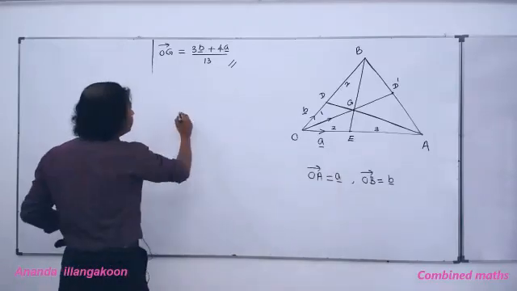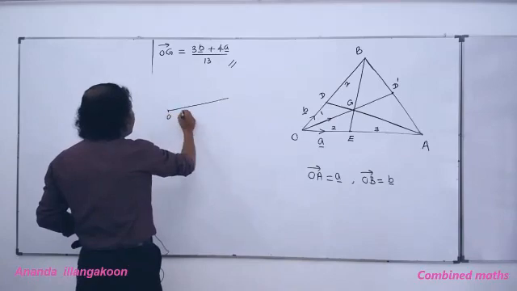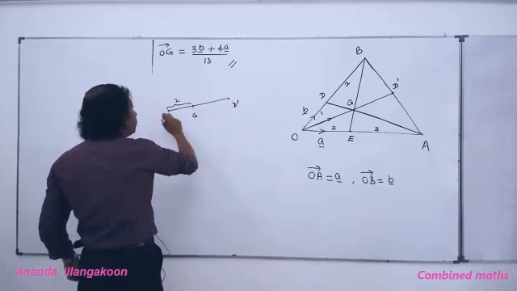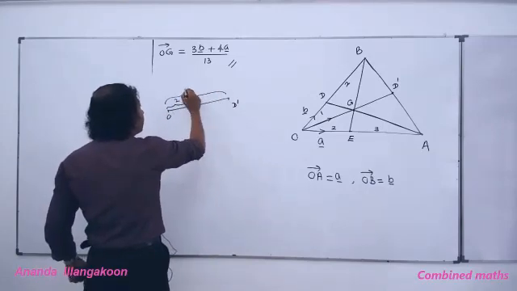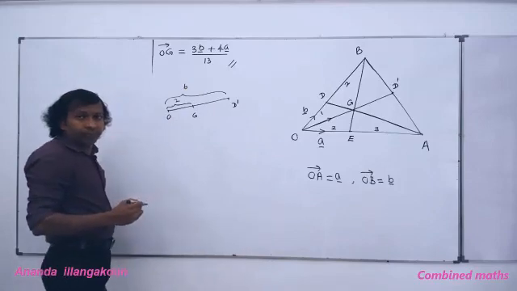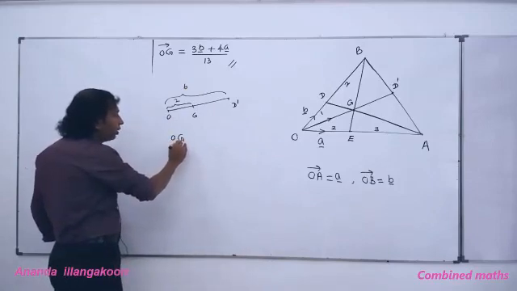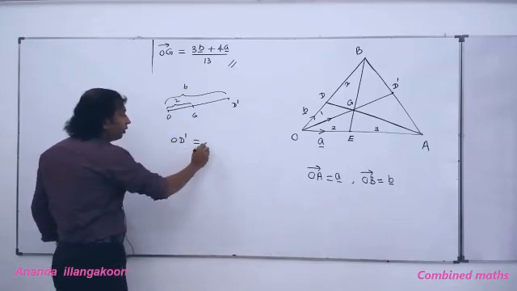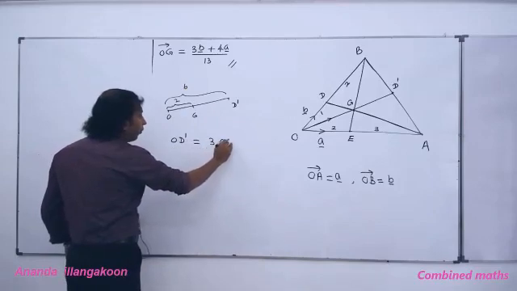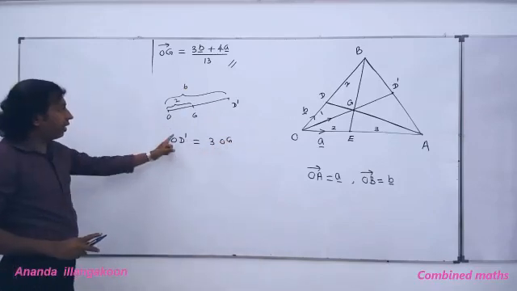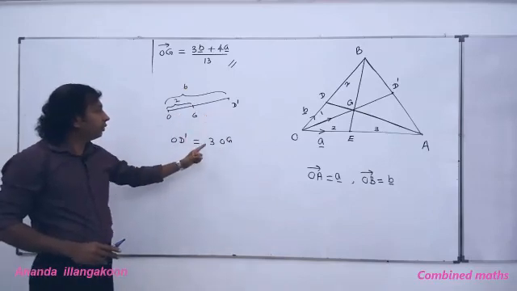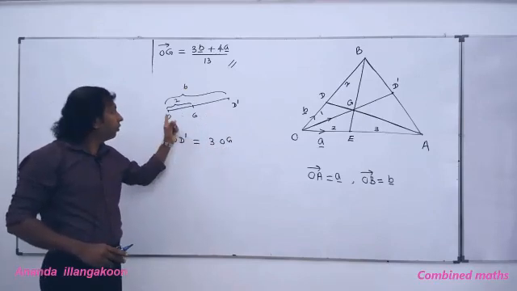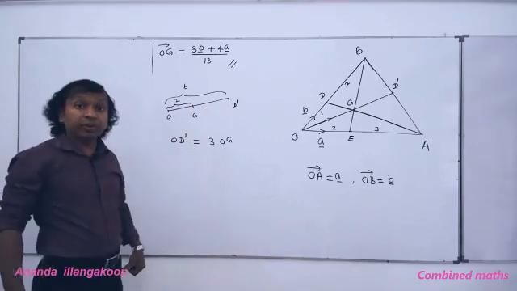For example, suppose O, G, D dash are here. Suppose this OG length is 2 and OD dash is 6. Then you can directly understand OD dash length can be written as 3 times OG. When OG is 2, 3 into 2 is 6, OD dash coming. Like that, people.